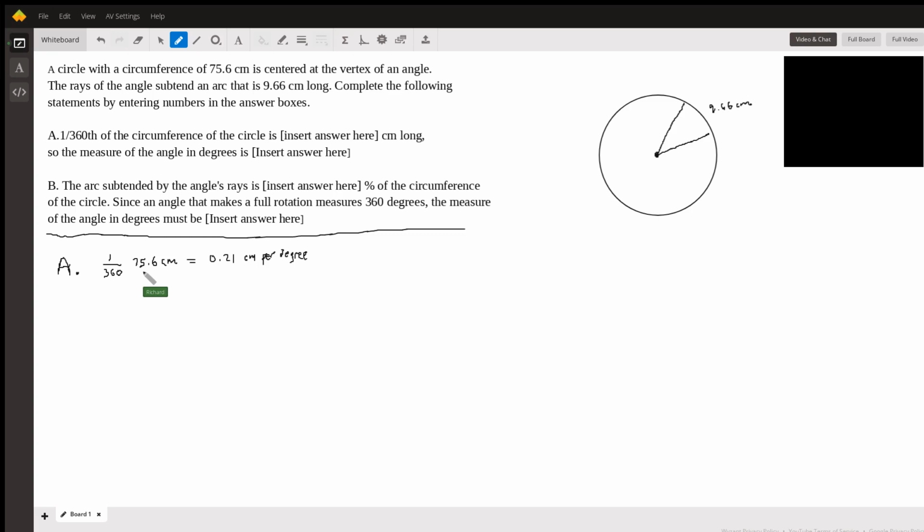Now the angle, you would just do 0.21 centimeters per degree. Think of it as a unit conversion problem. Let's see, measure of the angle in degrees. All right, so I have it backwards, upside down.